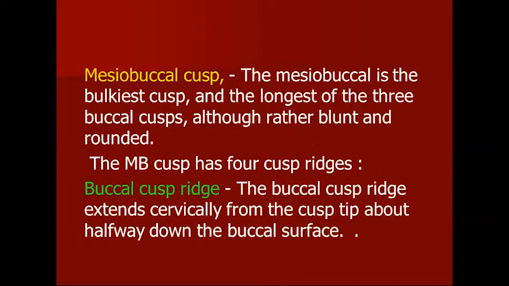Mesiobuccal cusp. The mesiobuccal cusp is the bulkiest cusp and the longest of the three buccal cusps, although they're rather blunt and rounded. The mesiobuccal cusp has four cusp ridges. Buccal cusp ridge. The buccal cusp ridge extends cervically from the cusp tip about halfway down the buccal surface.